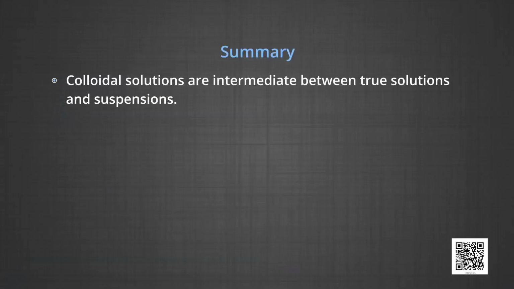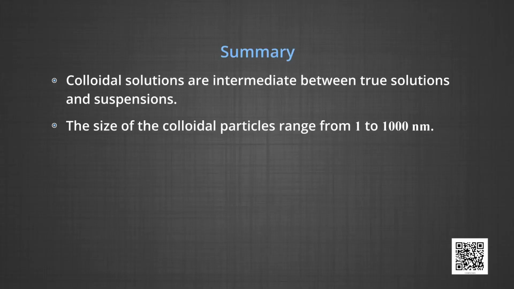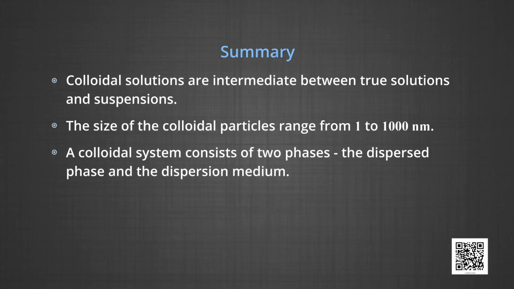Let us revise whatever you have learned in this module. Colloidal solutions are intermediate between true solutions and suspensions. The size of the colloidal particles ranges from 1 to 1000 nanometers. A colloidal system consists of two phases, the dispersed phase and the dispersion medium.